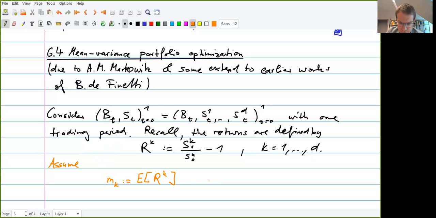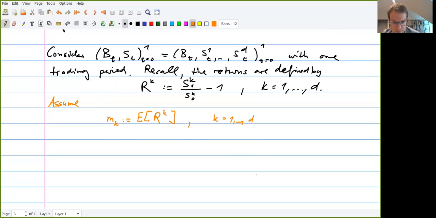And we also want that the covariances between the returns exist, sigma_kj for k, j from 1 to d, they exist and are known.